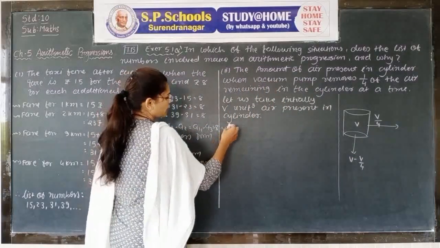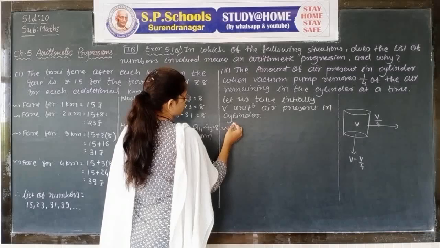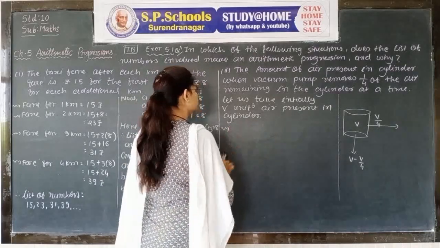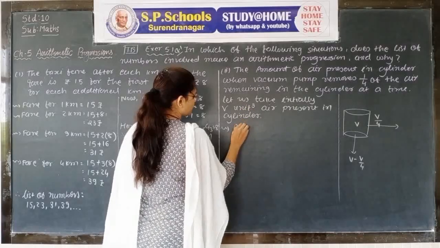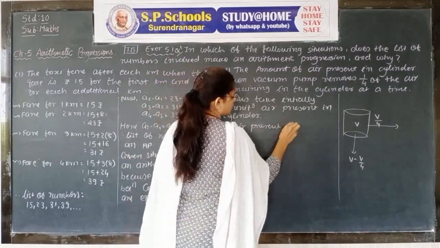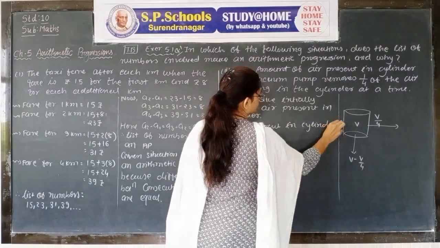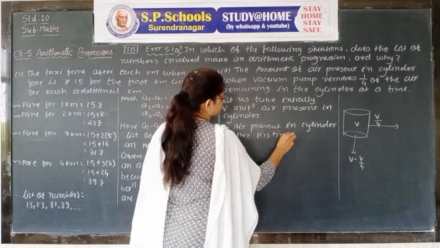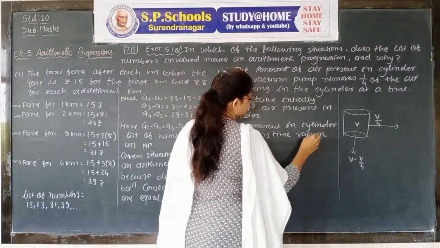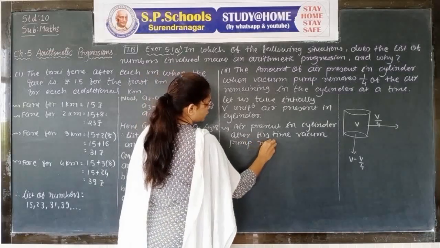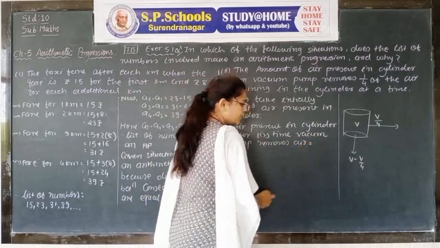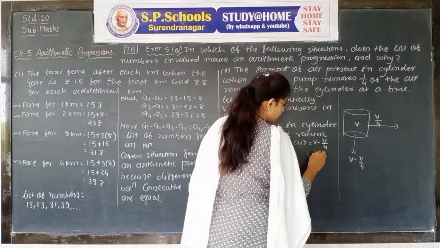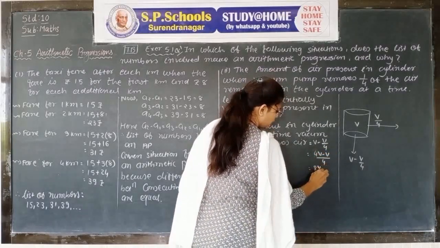Therefore, air present in the cylinder after the first time the vacuum pump removes air is equal to V minus V upon 4, by taking LCM we simplify it, 4V minus V upon 4, which is 3V upon 4.